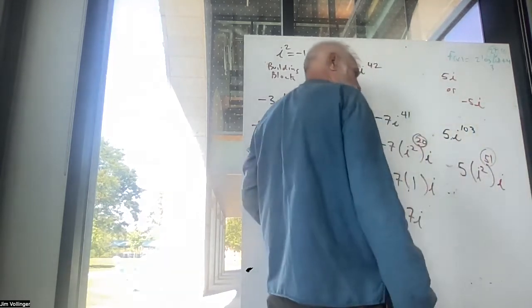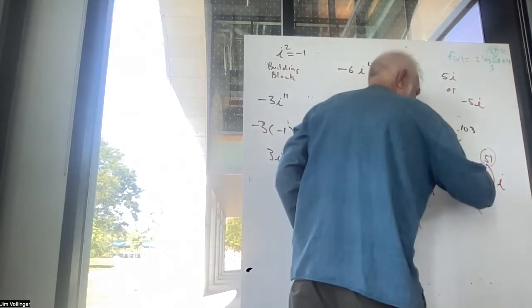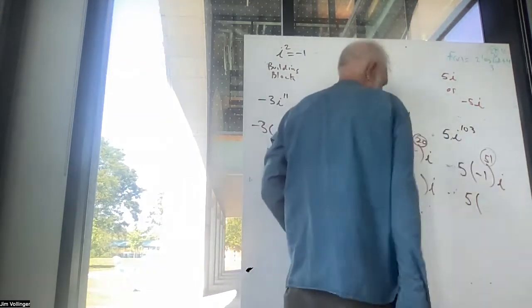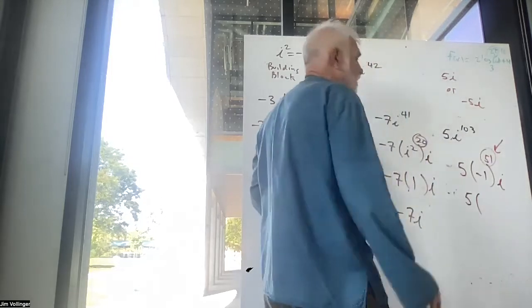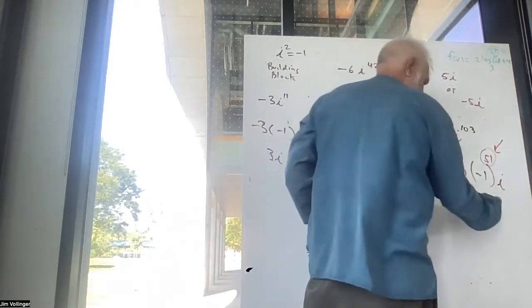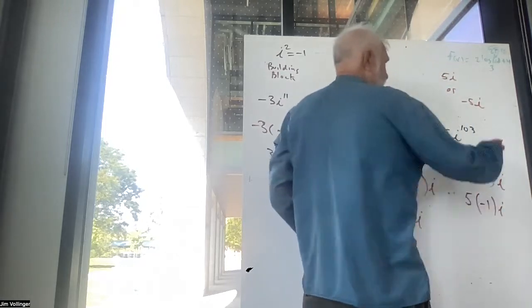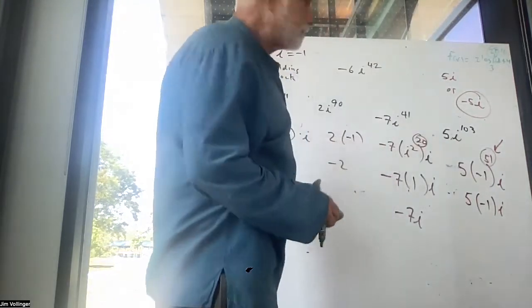So I need to get to 103. I need another i. So that's 5 times i squared to -1. It's always going to be -1 in the parentheses. The question is, how many times are you doing it? Well, I'm doing it 51 times, so it's -1 still, times i, so -5i. Was that 42?